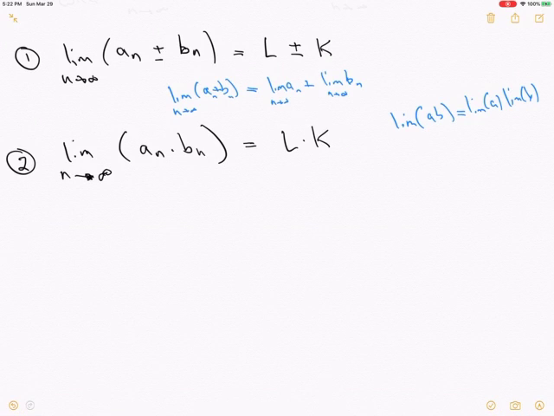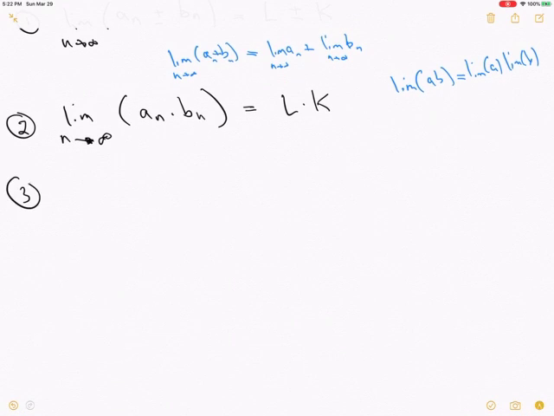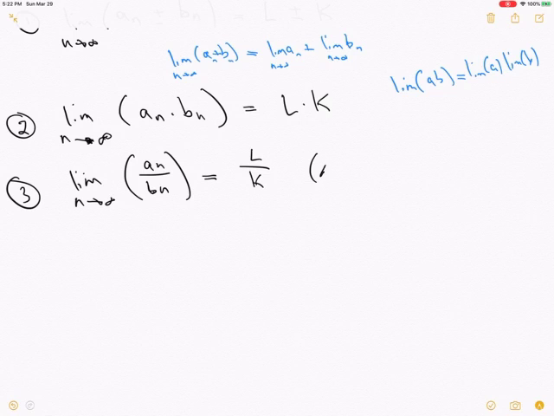And similarly, limits behave well with respect to division. So assuming that the limit of the B sequence is not 0, then this is just the limit L over K. And here we have to assume that K is not equal to 0.